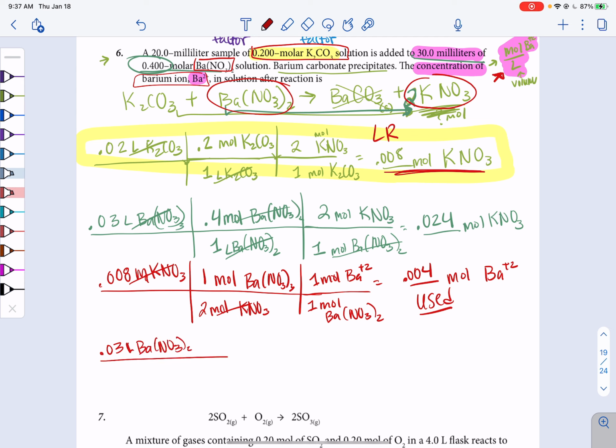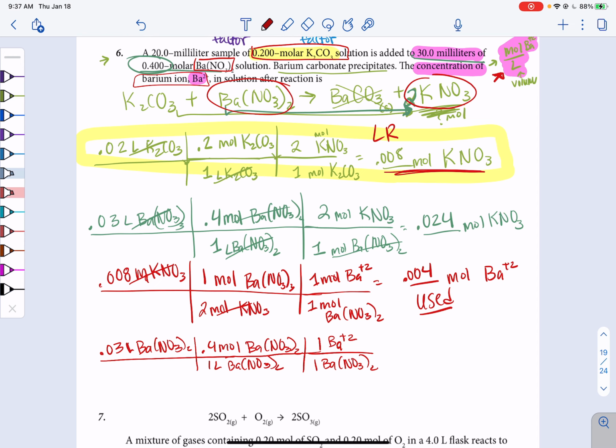I had 1 liter of barium nitrate that contained 0.4 moles of barium nitrate. It's a 1-to-1 of barium nitrate to just the barium ions.